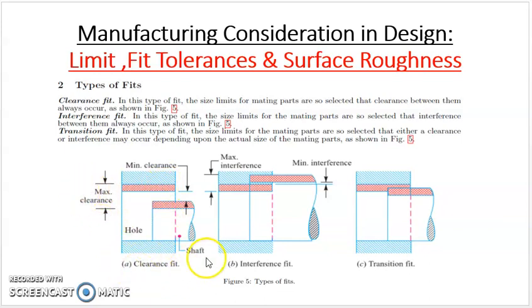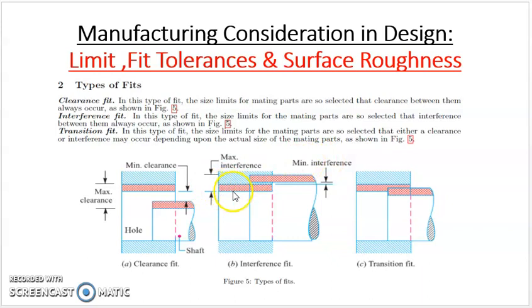Now moving to the next, which is called interference fit, meaning the size limit of mating parts are so selected that interference between them always occurs. As you can see in the picture, the upper limit of hole and lower limit of shaft will give you the minimum interference.